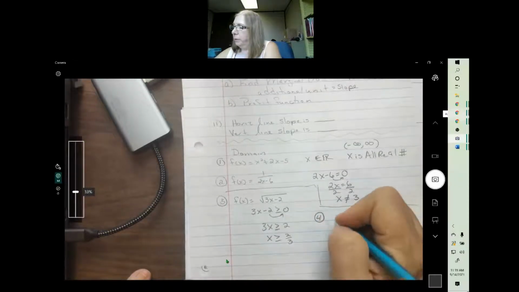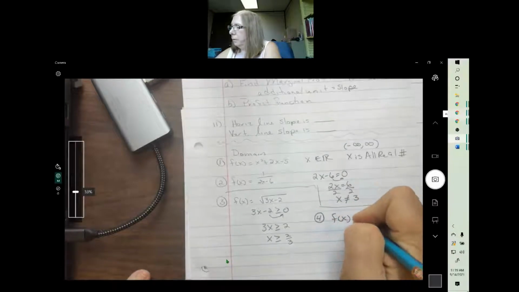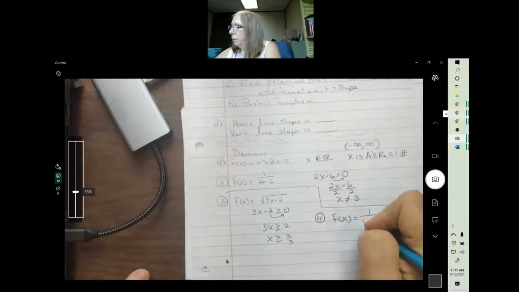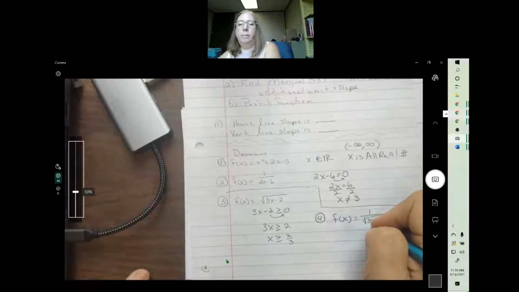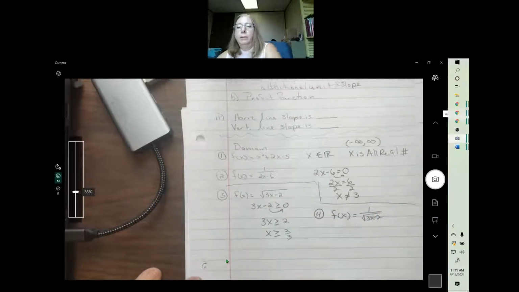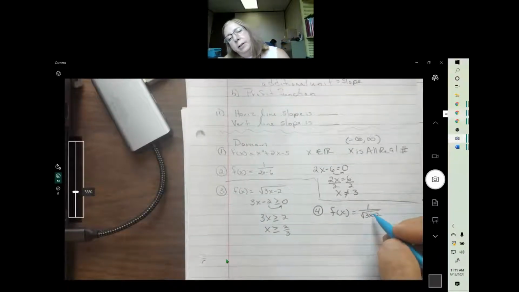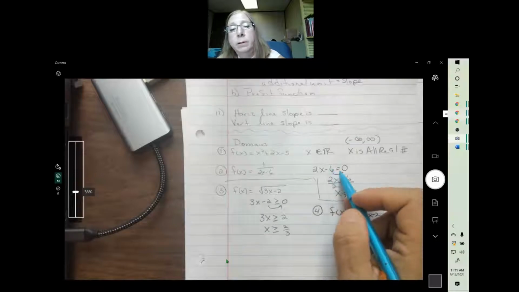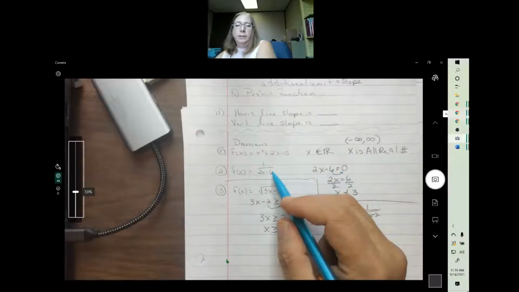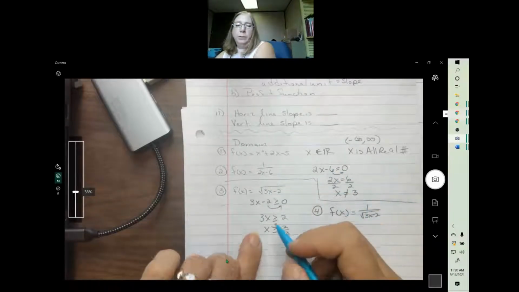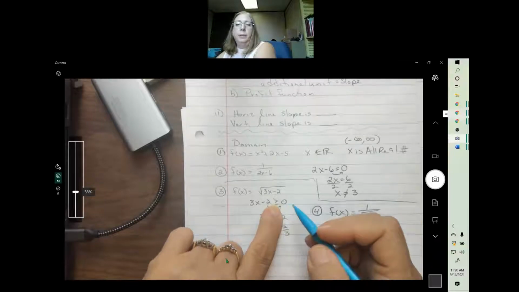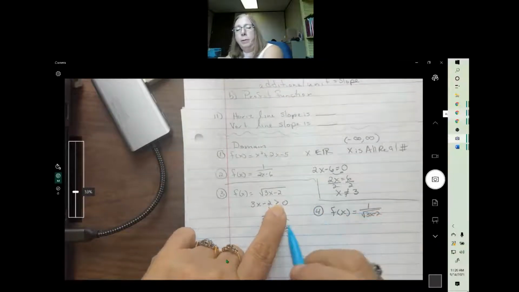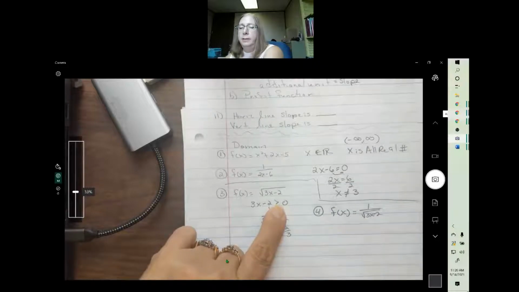What happens with the 4th one, we put it into the denominator. Well, we still can't have a negative value, but now we can't have 0 either because it's in the denominator, and x can't equal 0 in the denominator. So instead of greater than or equal to, you just get rid of the equal to part and make it greater than 0. That way it's a positive number, not 0.